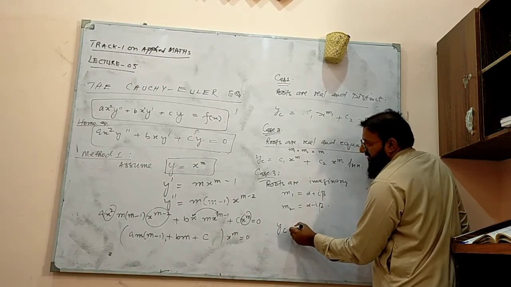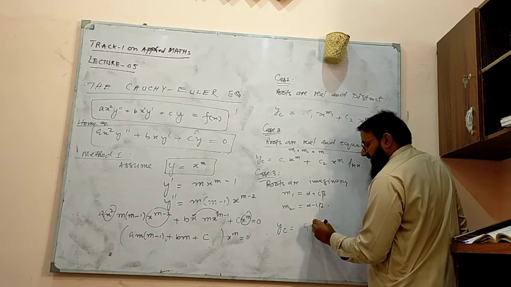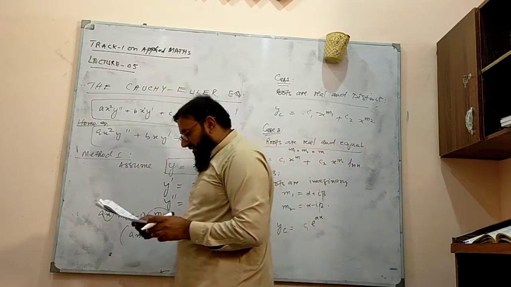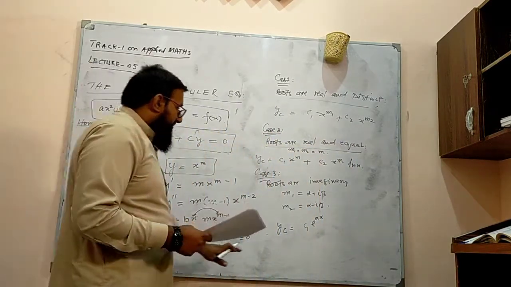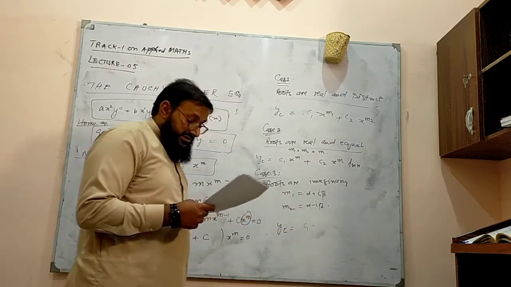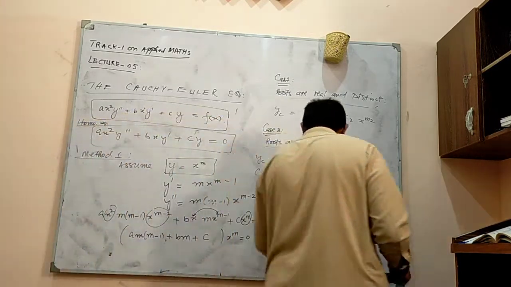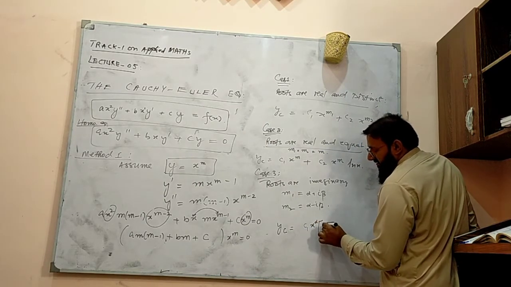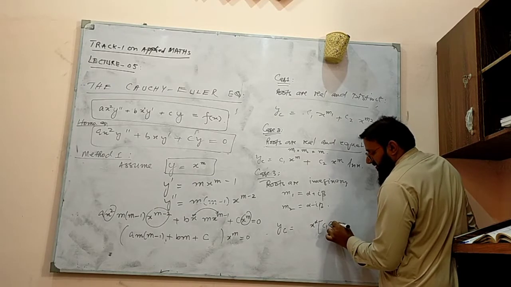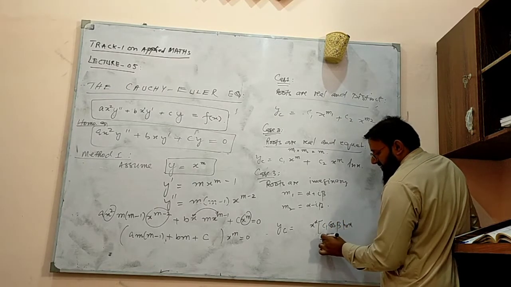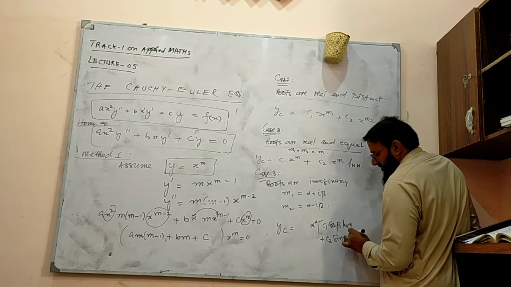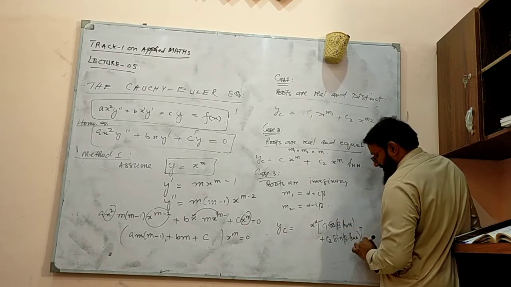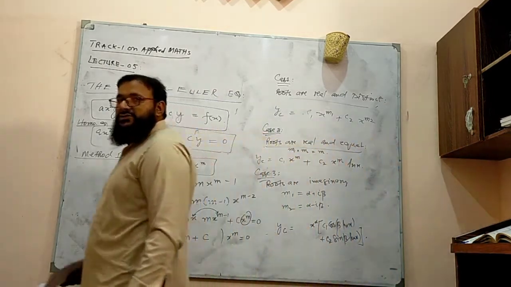Then yc is going to be x power alpha, because it's not the ordinary one, not e power alpha x. So x power alpha, c1 cos beta log x plus c2 sine beta log x, and beta log x is going to be the angle.